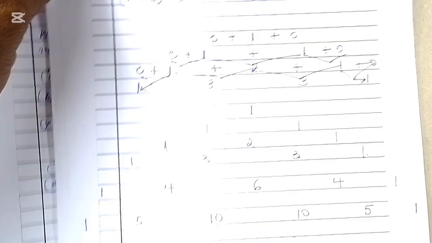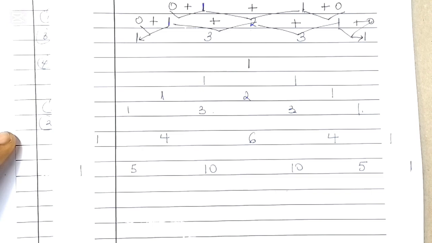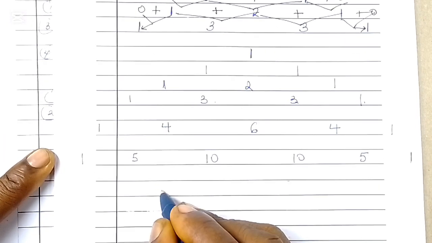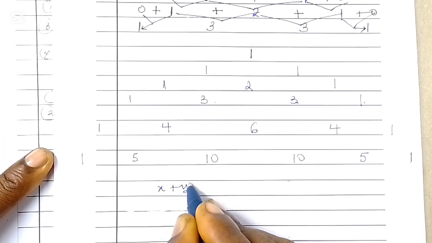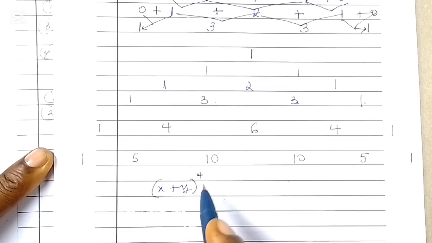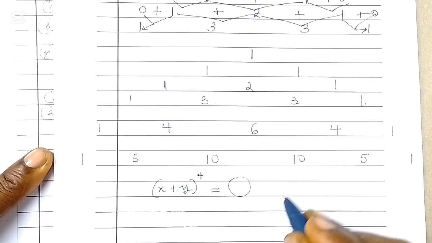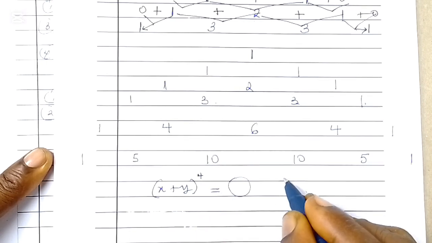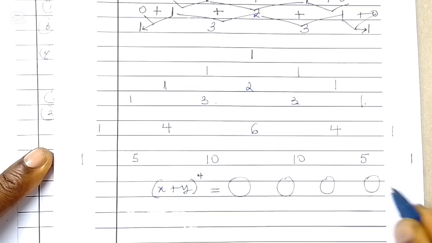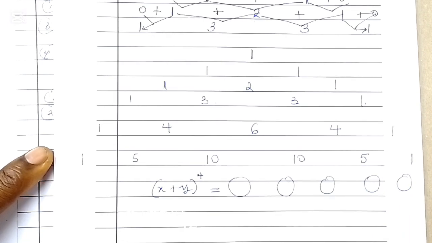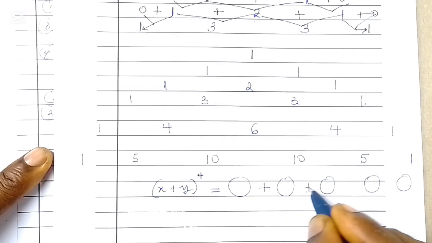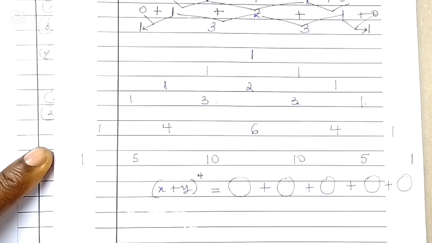So, why is this necessary? Pascal's triangle tells you that if you have an expansion such as x plus y raised to the power of 4, you should be expecting how many terms? 5 terms: 1, 2, 3, 4, and 5. Now, take note, you don't need to stress yourself about what the coefficients will be.